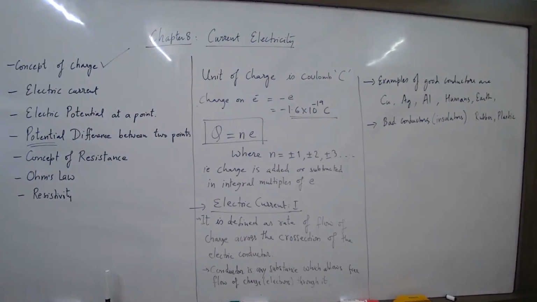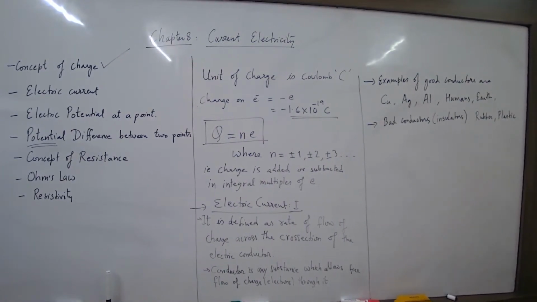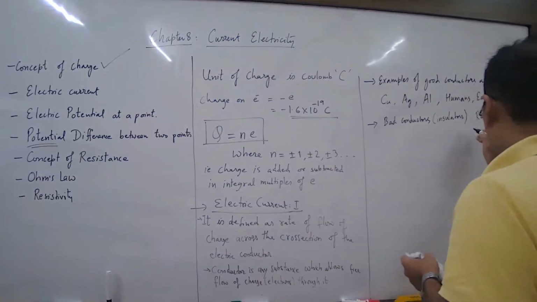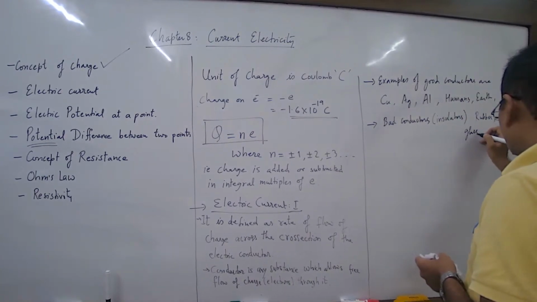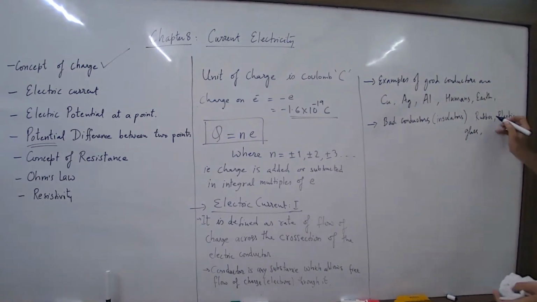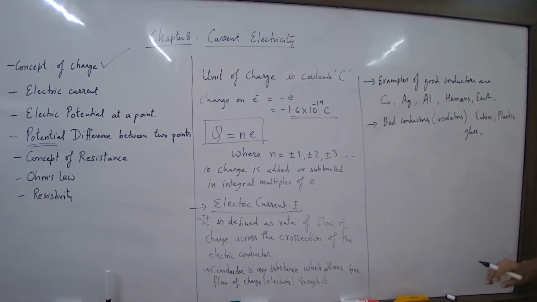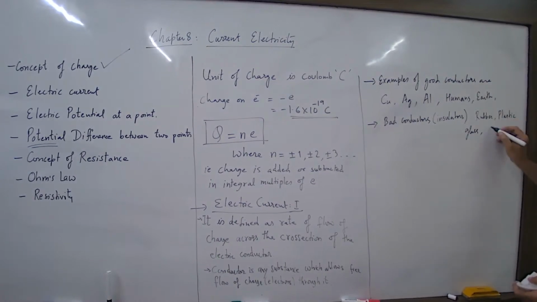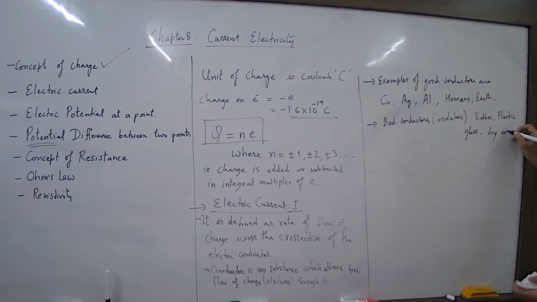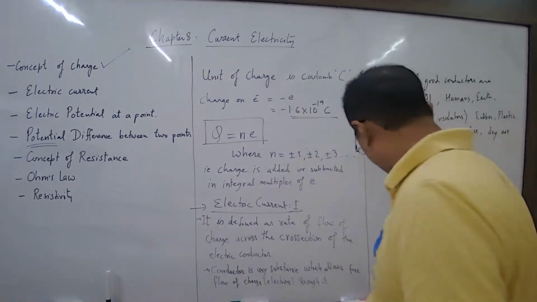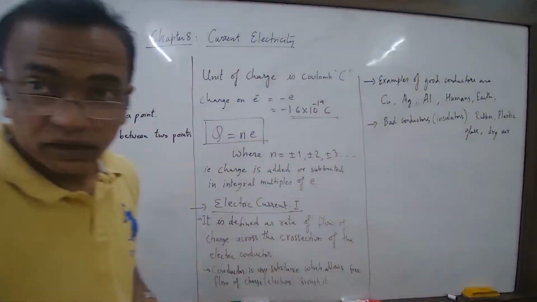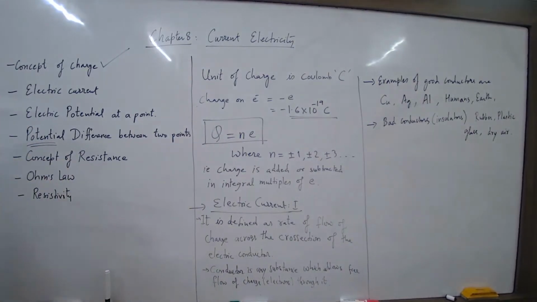Okay, electricity passes in earth very quickly. Rubber, plastic, glass, pure water, right? Pure glass, so on and so on. So dry air. These are all insulators. Dry air, not humid air. Okay.